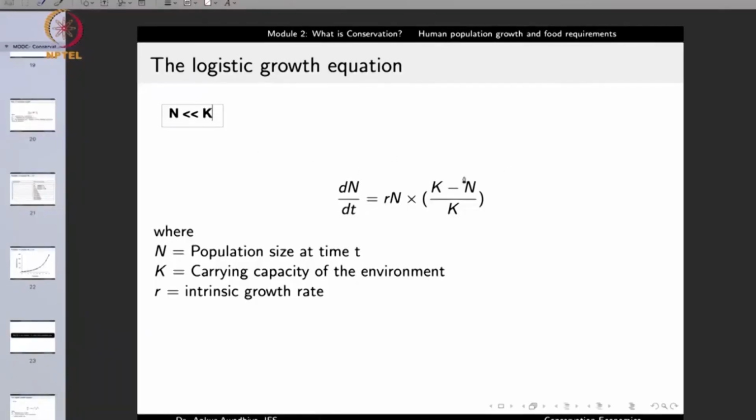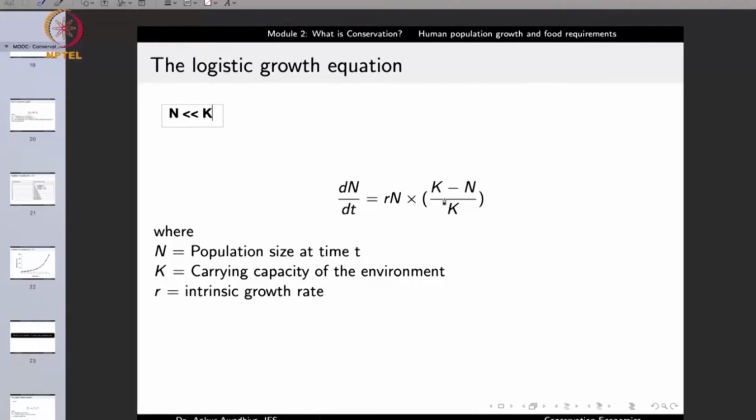Now, if N is very much less than K, which is in the starting, suppose you had a carrying capacity of say 10,000 mice, but you only started with 2. So you have 2 which is very much less than K. In that case, K minus N is approximately equal to K, because N is very much less than K, so K minus N is roughly equal to K, which means that (K-N)/K is approximately equal to 1.